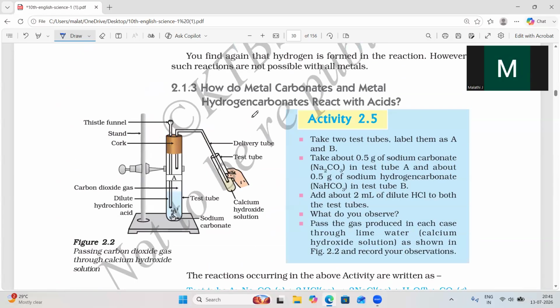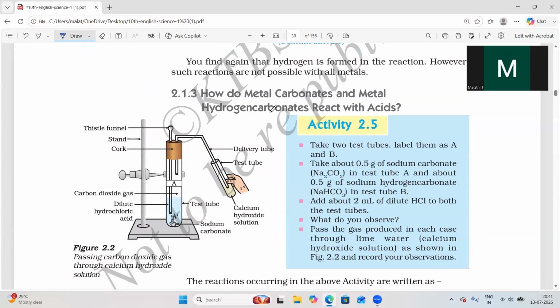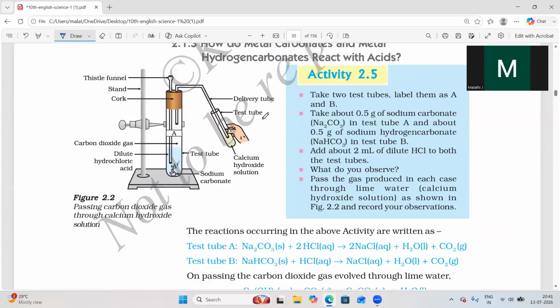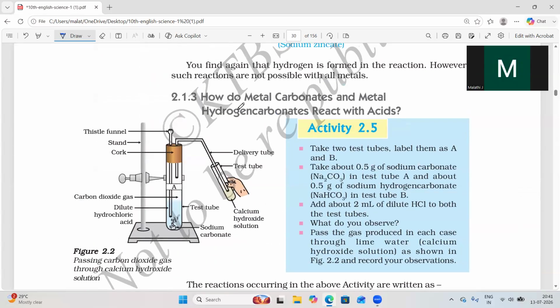Second aspect: how do metal carbonates and metal hydrogen carbonates react with acids? So before going to this aspect, what are metal carbonates?